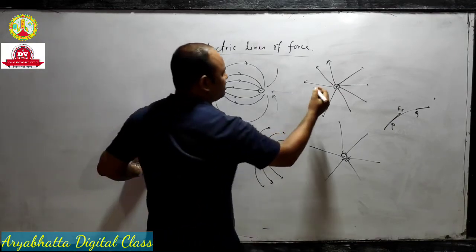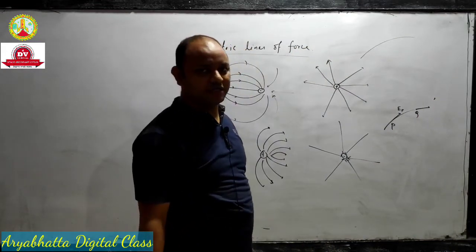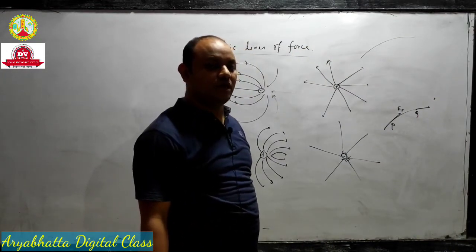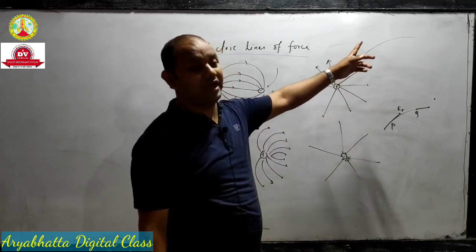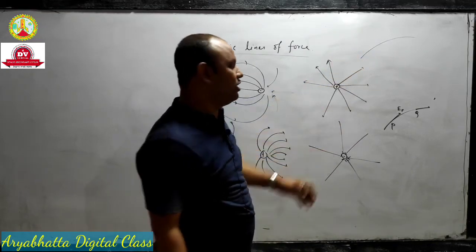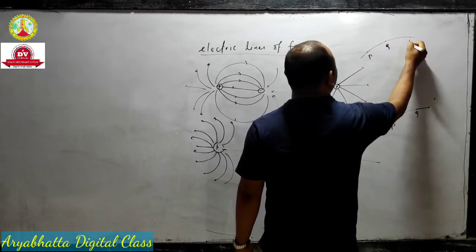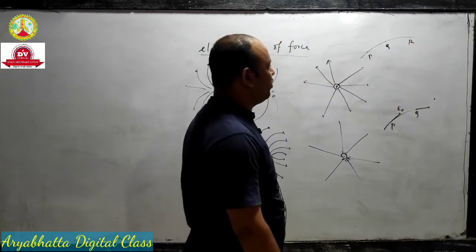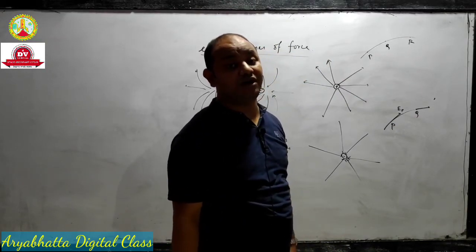Okay, suppose this is our electric field line. Electric field lines mean the path followed by a test charge. This is the path followed by a test charge inside an electric field. Okay, here P, Q and R, these are the 3 points. At the 3 points the directions of electric field are different.